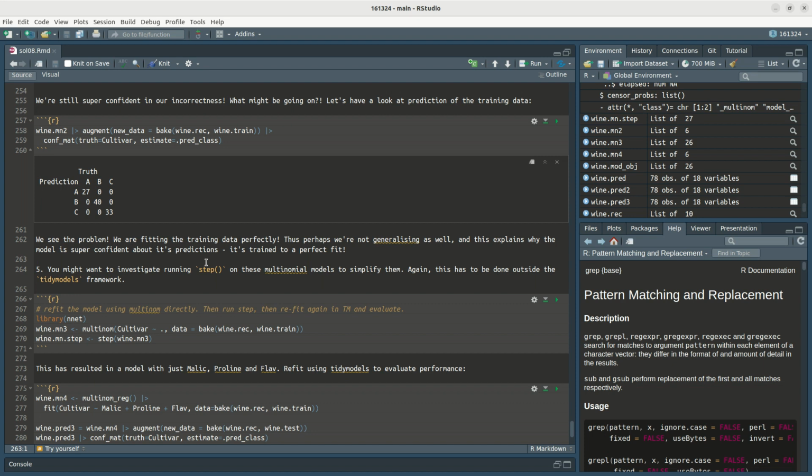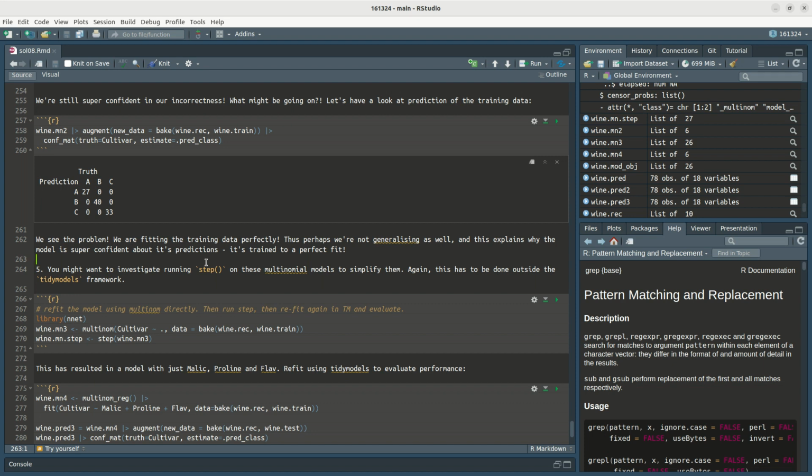But I would be a bit nervous, I guess, in practice of applying a model that's essentially perfect on the training data, because what might be happening here is overfitting, right? It's basically we've got quite a complicated model with a lot of parameters, and those parameters have been tweaked essentially too far in that we're perfectly predicting the observations on the training set, but perhaps we won't predict an observation that we should be less confident about.